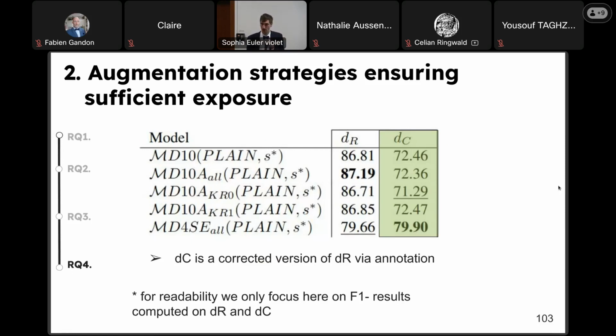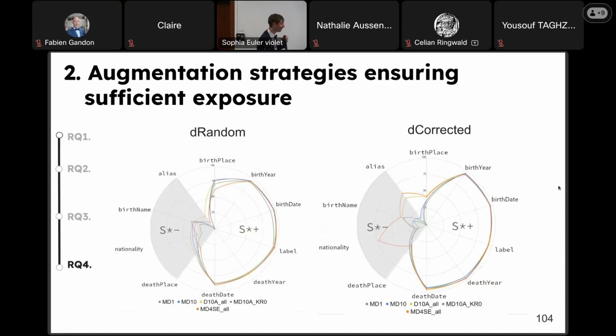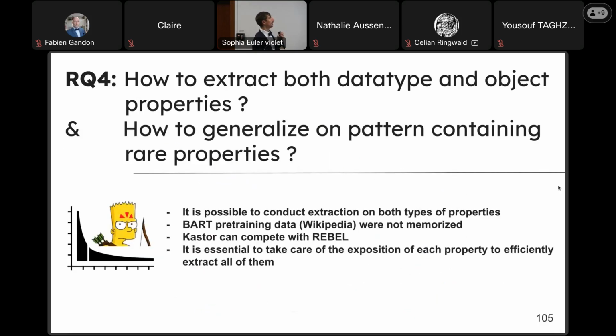To verify it, I propose also to analyze now the F1 metrics focusing on each property. So here you have the result given by property, and you can see here on the right side, on the corrected data set, that only our last configuration is able to extract all the rare properties. So, okay.